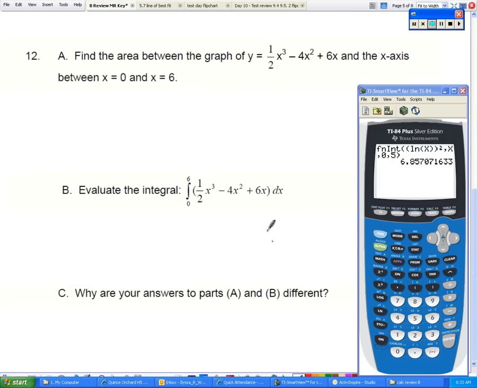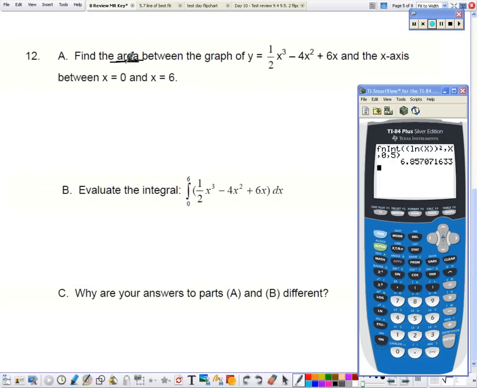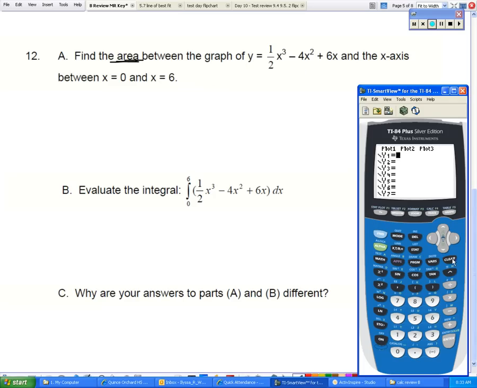Now for number 12, finding the area between the graph from 0 to 6 and the x-axis. I'm going to look at that function in my calculator, and I'm only going to look from -1 to 7.